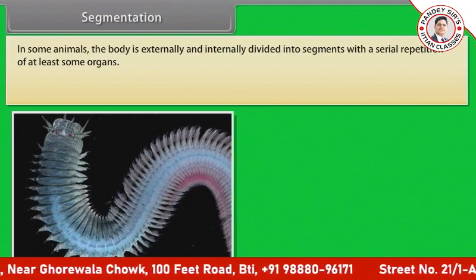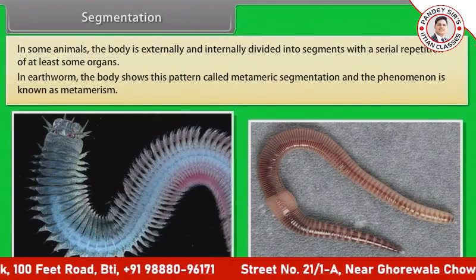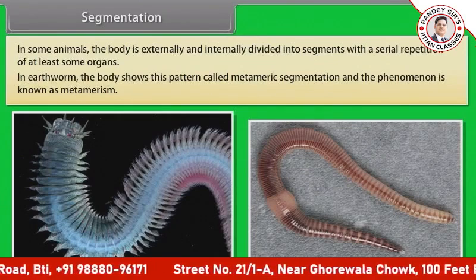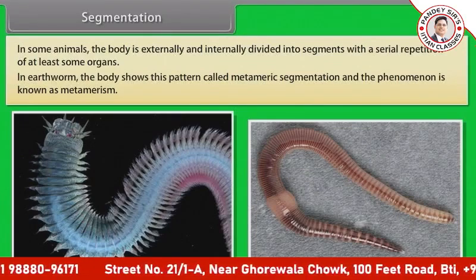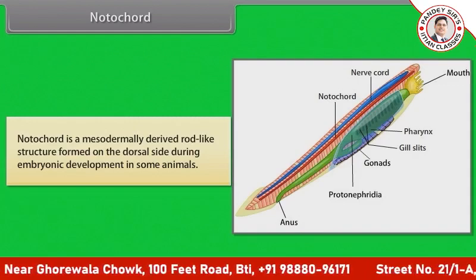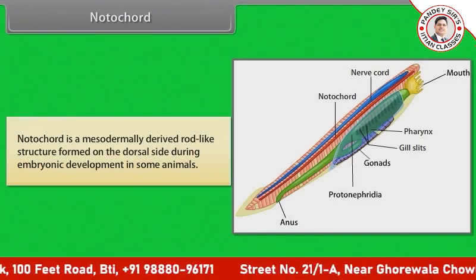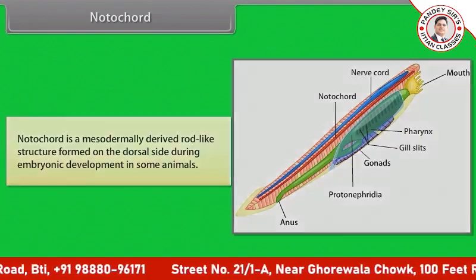Segmentation. In some animals, the body is externally and internally divided into segments with a serial repetition of at least some organs. In earthworm, the body shows this pattern called metameric segmentation, and the phenomenon is known as metamerism. Notochord. Notochord is a mesodermally derived rod-like structure formed on the dorsal side during embryonic development in some animals.